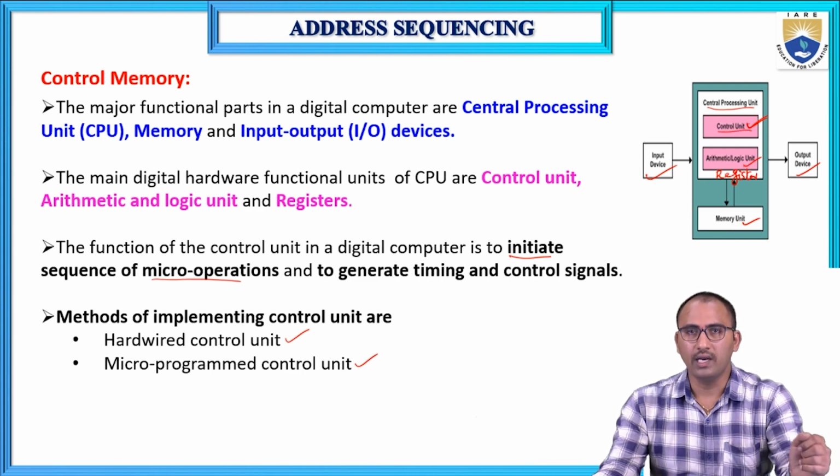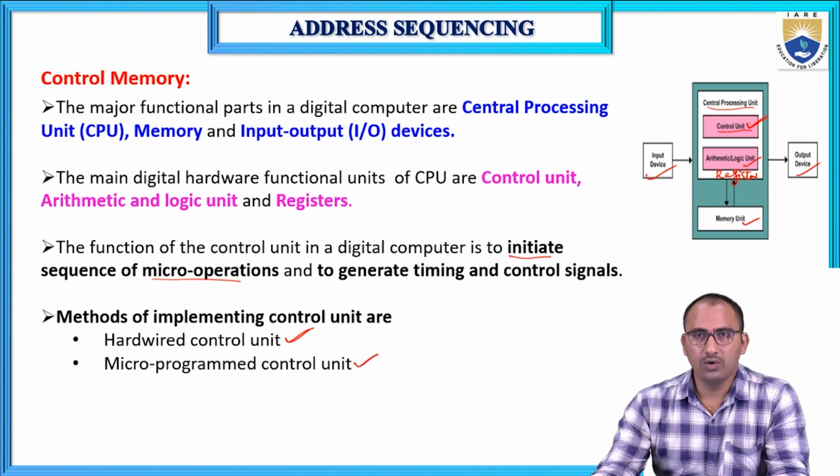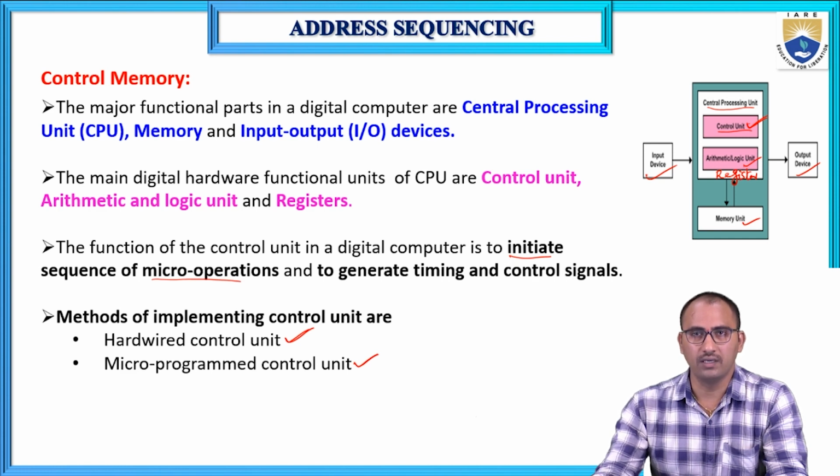This control unit we can implement in two ways: one is the hardware control unit, and another one is the microprogrammed control unit. Hardware control unit means the control signals are generated by using hardware components like registers, encoders, decoders, multiplexers, demultiplexers, finite state machines. So in the hardware control unit, we are generating the control signals using hardware components.